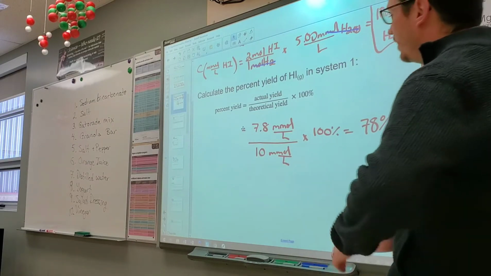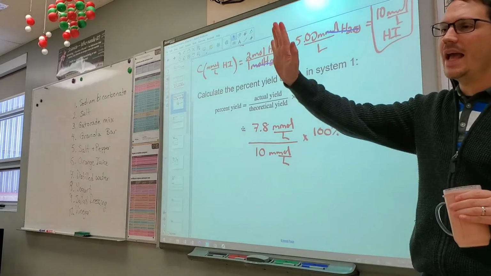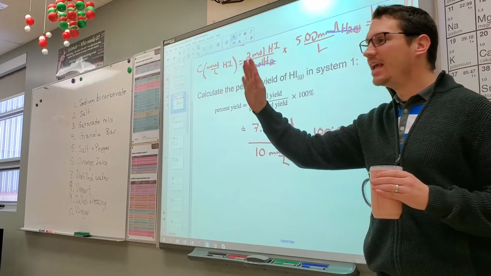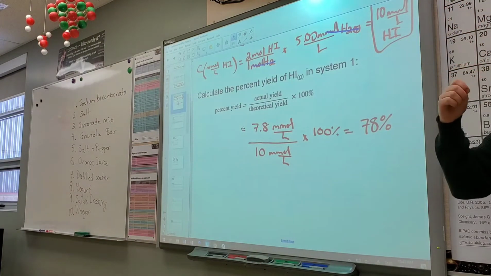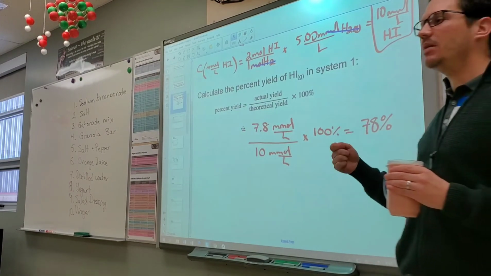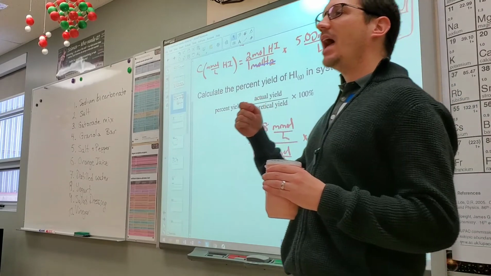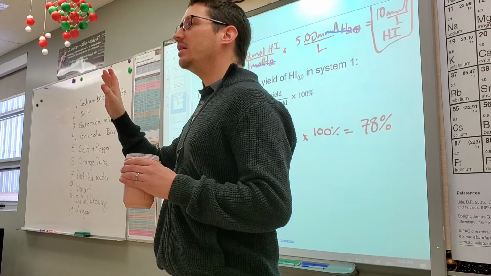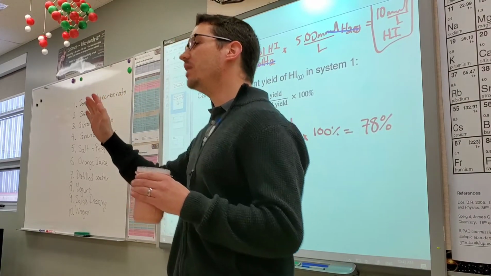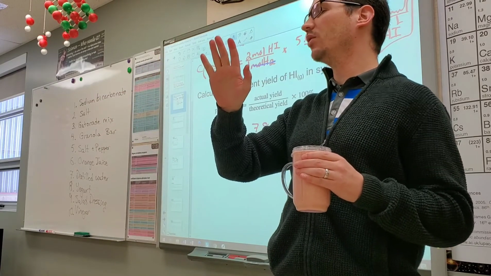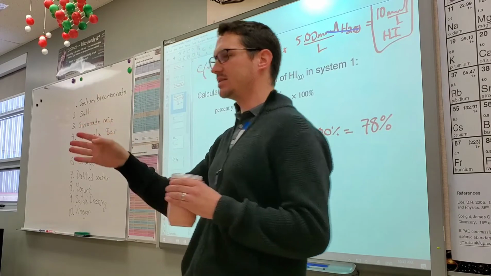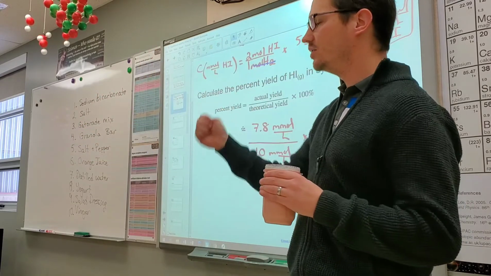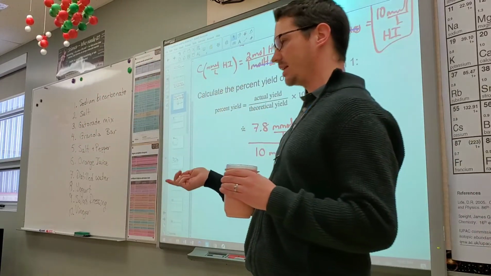If I said you've got a certain reaction and 78% of it turned into products, in your mind, does that mean at equilibrium you have more products or more reactants? If 78% of your reactants ended up turning into products, do you have more products or more reactants?